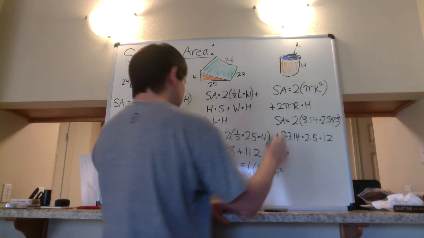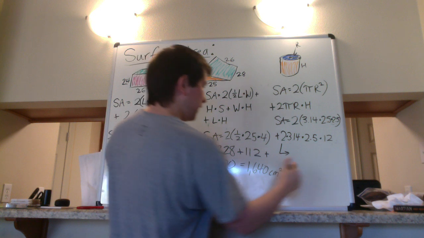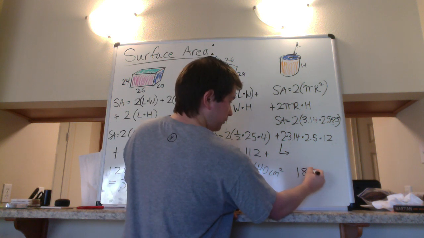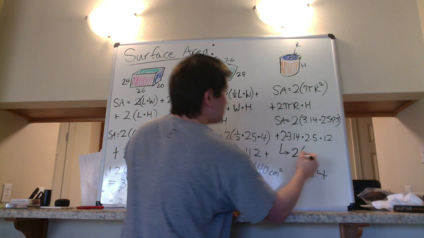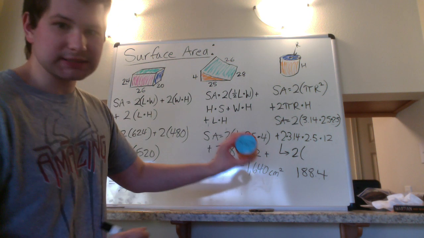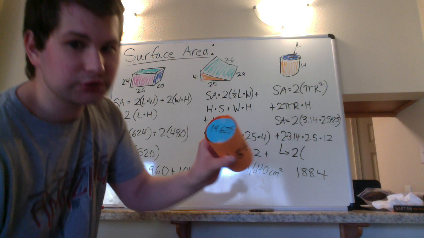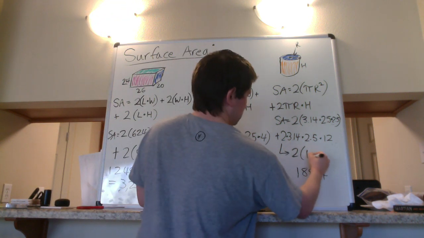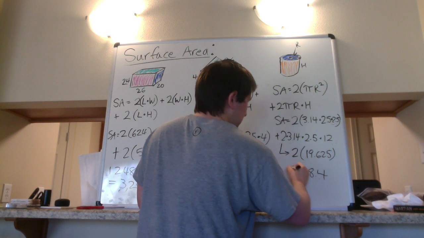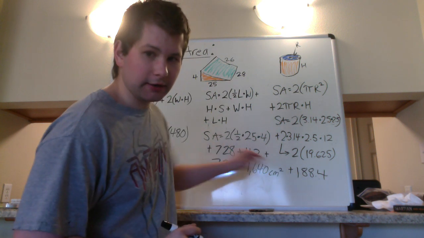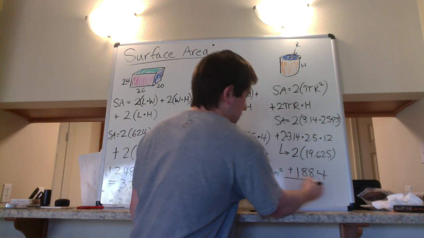Let's see, so we have 19.625 and that 188.4. I'm going to multiply the circle area we got, which was 19.625, by 2, and I'm going to add that to my rectangular area of 188.4.